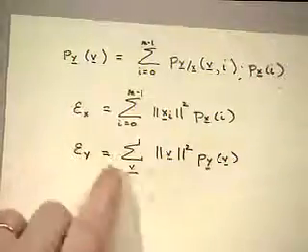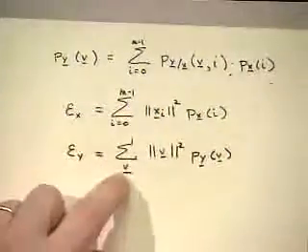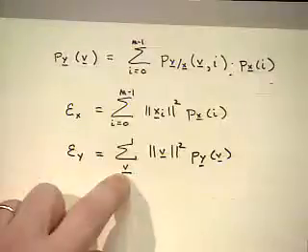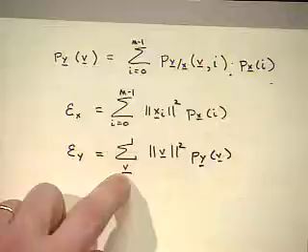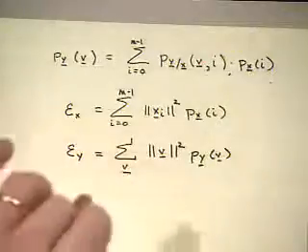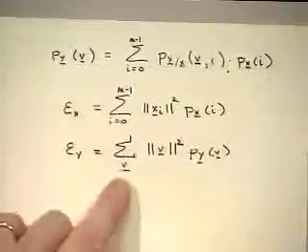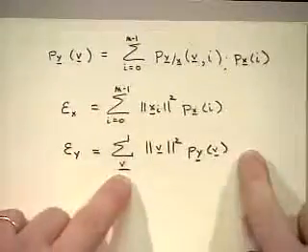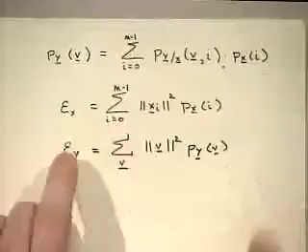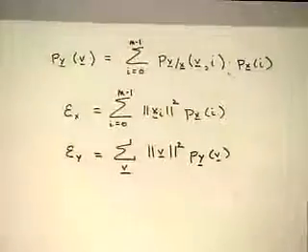Now, if it's a discrete channel which has a finite set of outputs, then this is a sum. If it's a continuous output, which can happen if the noise that is added, for instance, is continuous in distribution, so I take discrete and add it to continuous, I get continuous in terms of the distribution, then this becomes an integral and I have to add a dv over here.